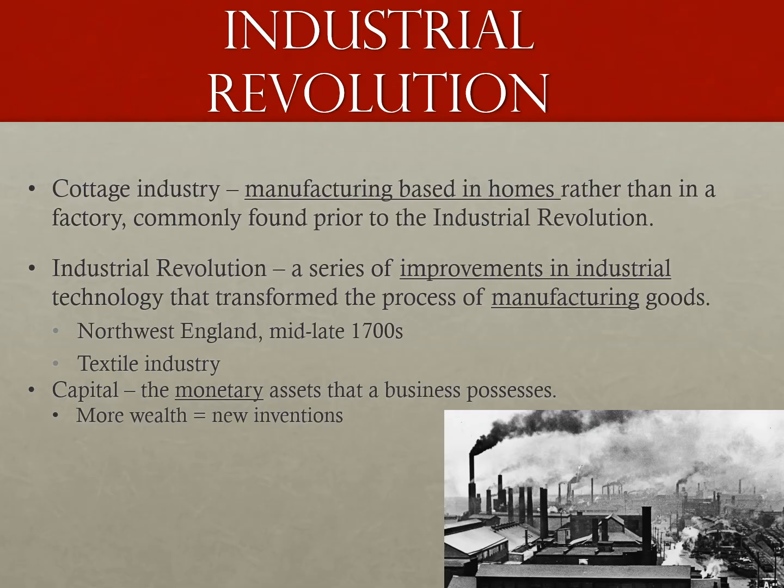The cottage industry was driven by human power, but the Industrial Revolution began to harness water power. Later, the steam engine was developed and improved to utilize steam by heating it with fossil fuels, specifically coal. Still later, the development of electricity further accelerated changes in manufacturing.